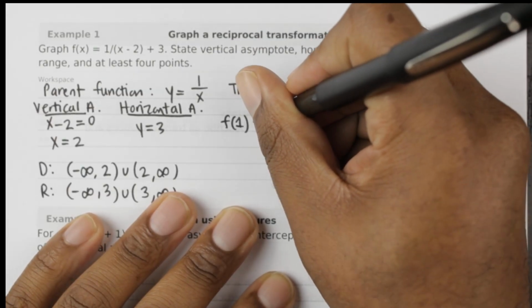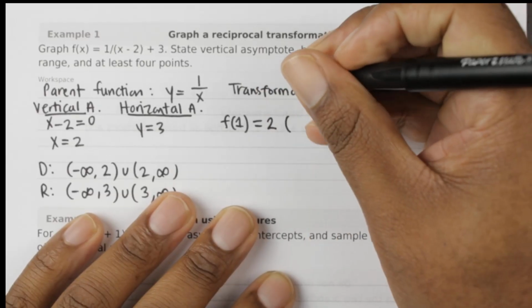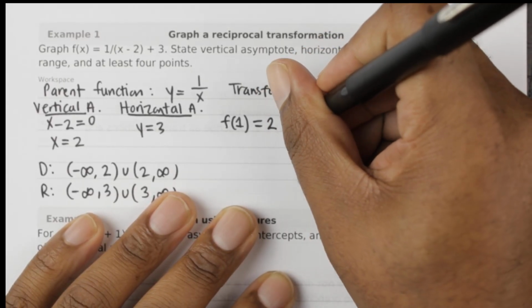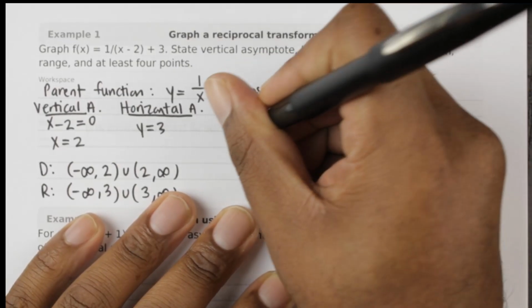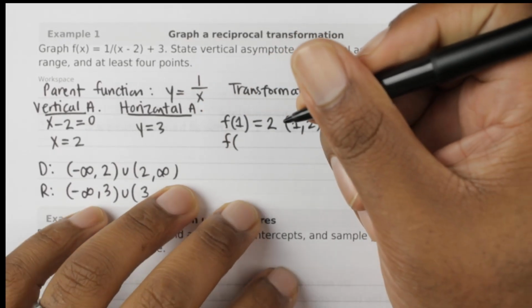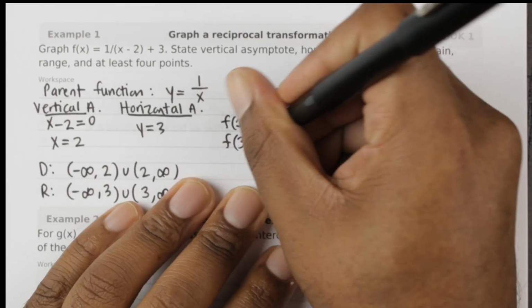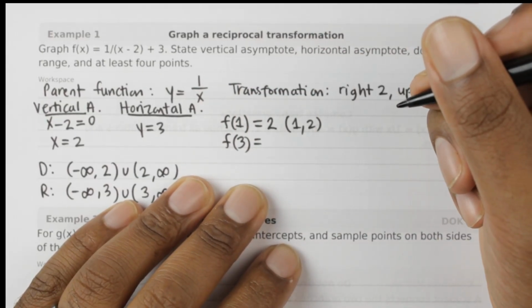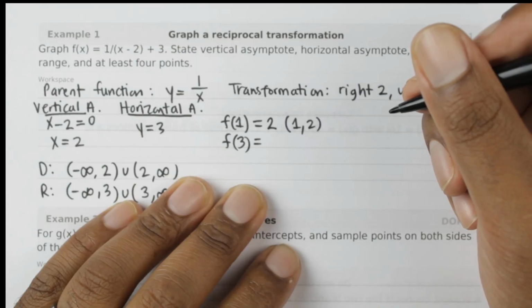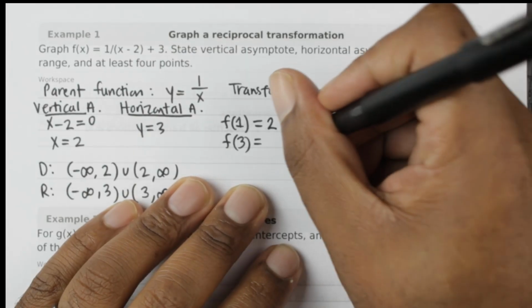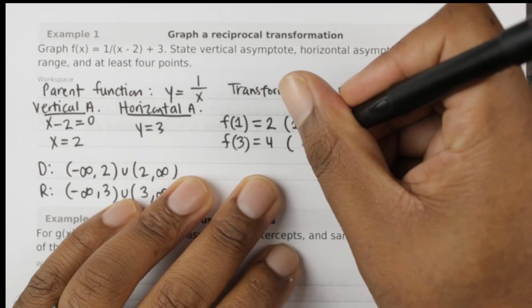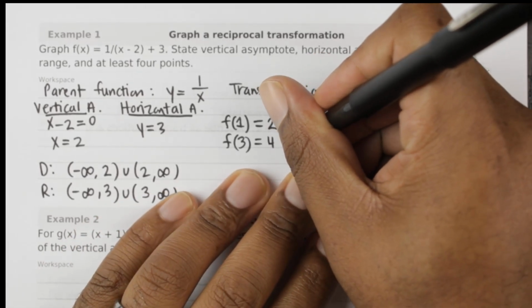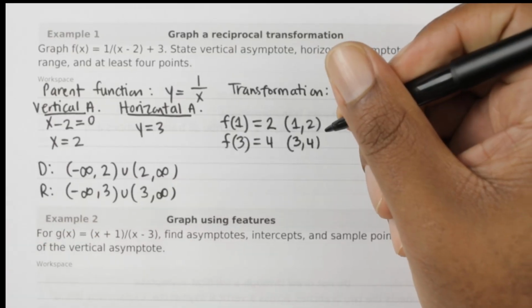That would give us 2. So that point would be 1, 2. If we chose 3, that would be 4, so 3 comma 4.